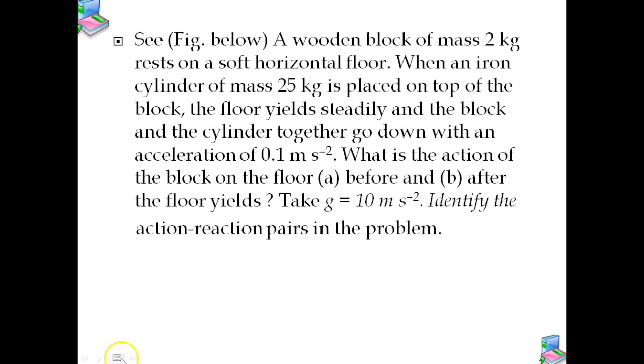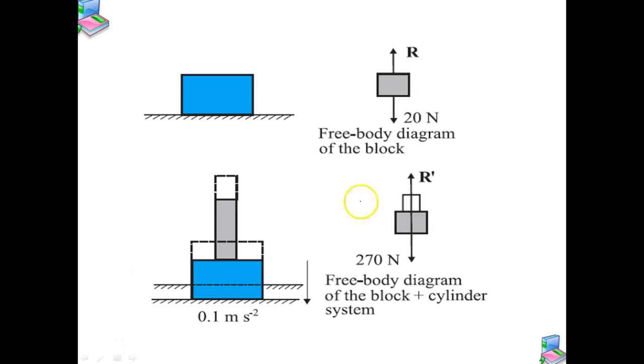See in the figure, a wooden block of mass 2 kg rests on a soft horizontal floor. When an iron cylinder of mass 25 kg is placed on top of the block, the floor heels steadily and the block and the cylinder together go down with an acceleration of 0.1 meter per second square.